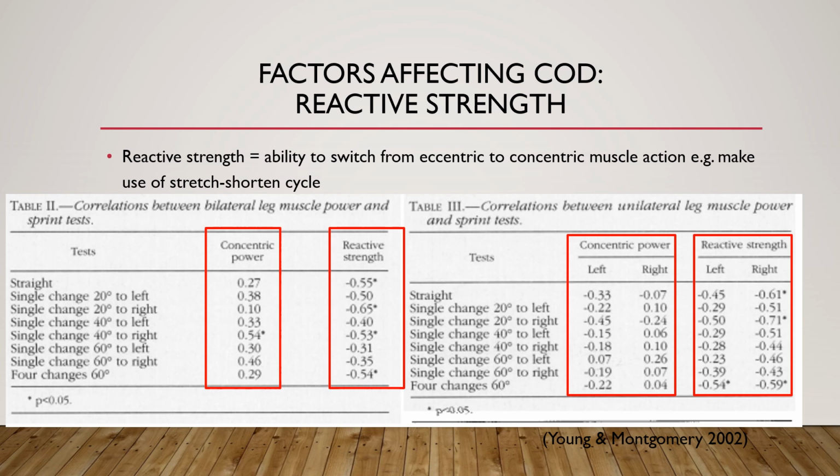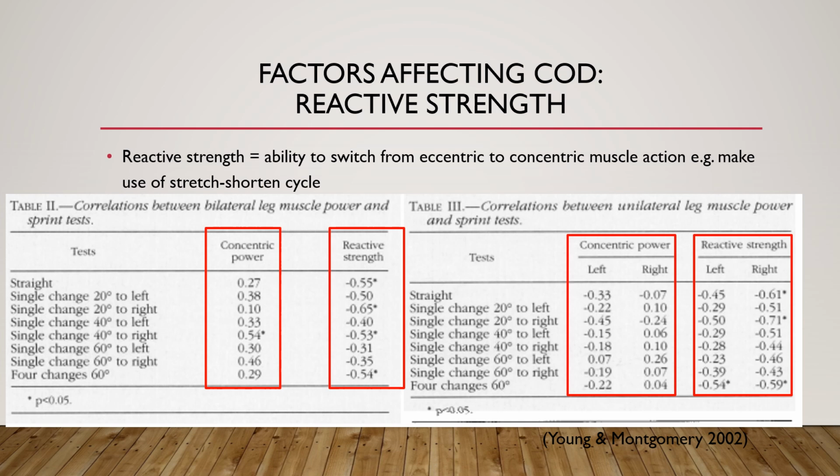And another factor that influences change of direction is reactive strength. We've looked at this briefly when we looked at some of the dynamic strength, but there was obviously a greater focus on some of the other isometric and eccentric strength components.